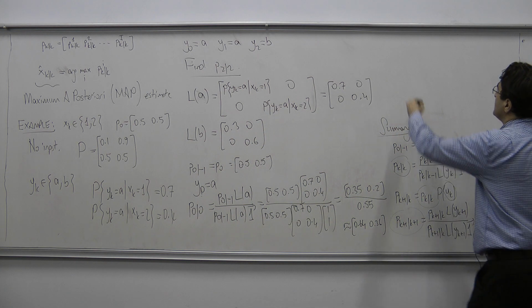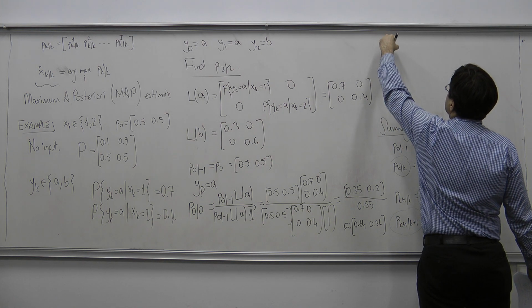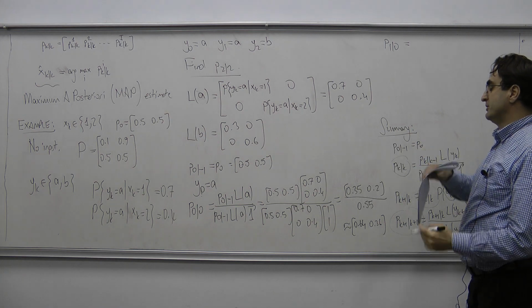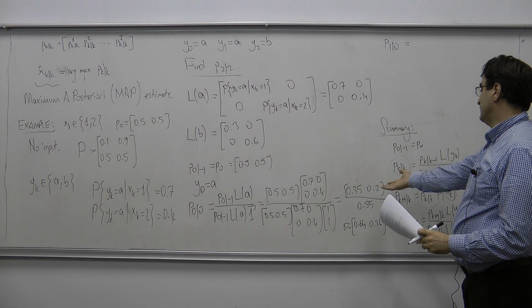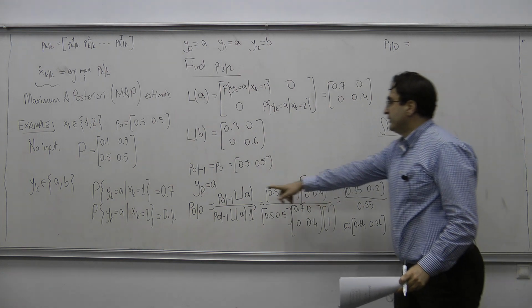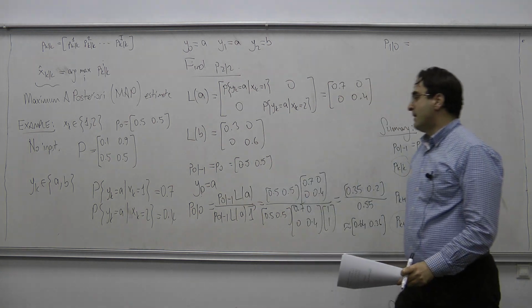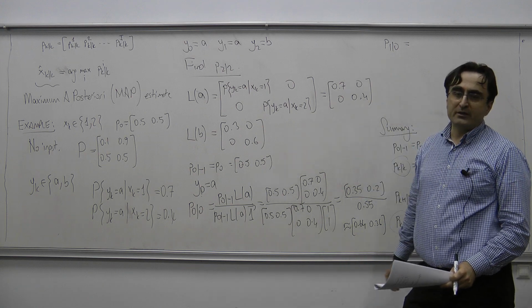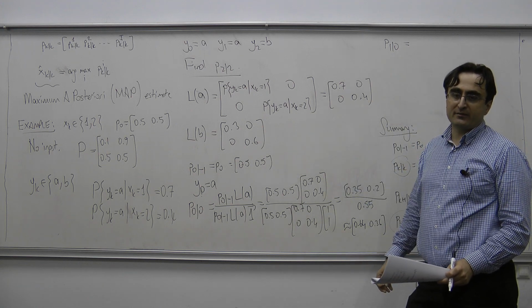And then let me calculate P1 given 0. I won't change the measurement, the given information. We still have this measurement in the given condition, but I would like to predict the next state. What can be the next state?